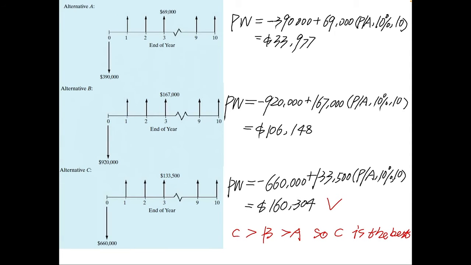Okay, so the diagrams are given in this problem, so let's see what's the difference between these 3 options. For the first alternative A, at the beginning you pay this much to buy the equipment, to buy that check-in counter, and then every year you can save 69,000 for 10 years. For option B, you need to pay more at the beginning to buy the system, and of course, every year you can save more.